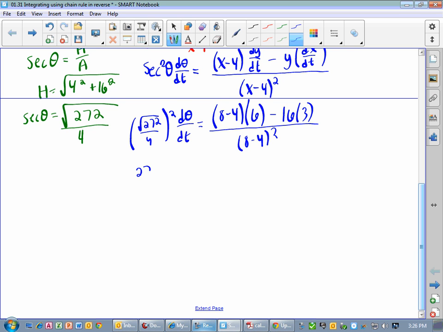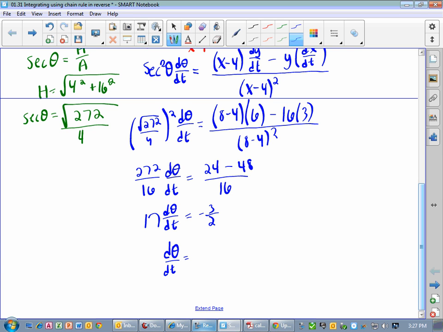So we've got 272 over 16 d theta dt equals, and we got 4 times 6, that'd be 24, minus 16 times 3 is 48, divided by 4 squared, 16. And so we get negative 3/2. And 272 divided by 16, believe it or not, is 17. So 17 d theta dt equals negative 3/2. So d theta dt, or the rate of change of our angle, would be negative 3 over 34 radians per second.